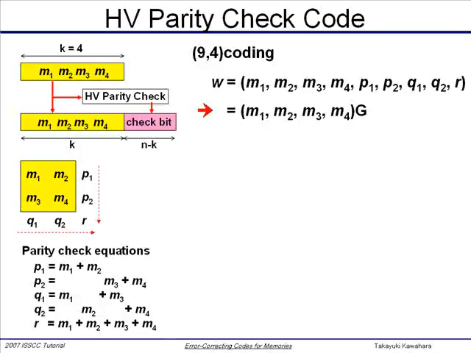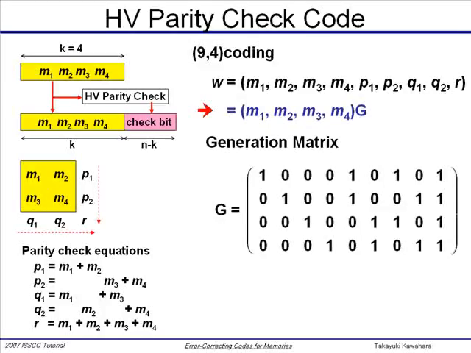So for the original coding, this is the generator matrix. Here, the columns are M1, M2, M3, M4. P1 is, of course, M1 plus M2, as you can see. P2 is M3, M4. Q1 is M1, M3.